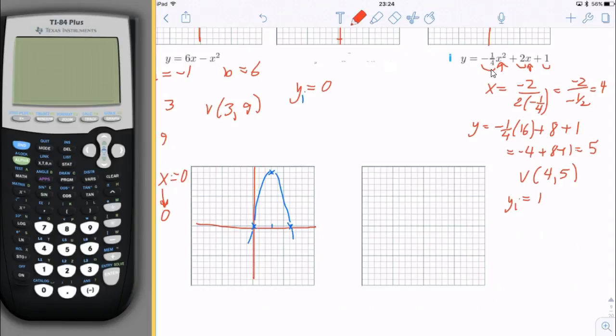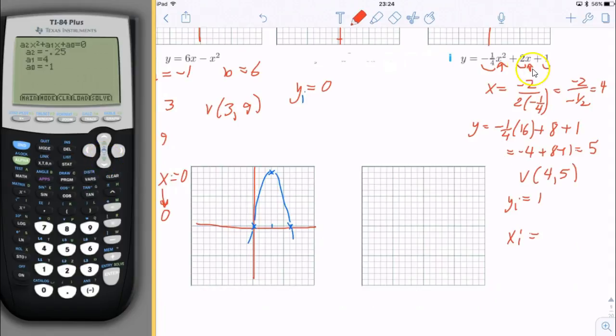And the x-intercepts are going to be the roots. How do we find the roots? Well, again, I'm just going to use the calculator for this, okay? If you would like to practice your factoring or your quadratic formula, you're welcome to do that. So first I can put negative 1/4.